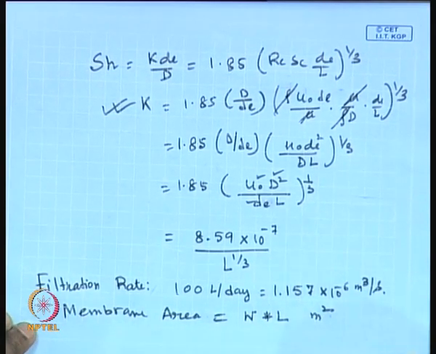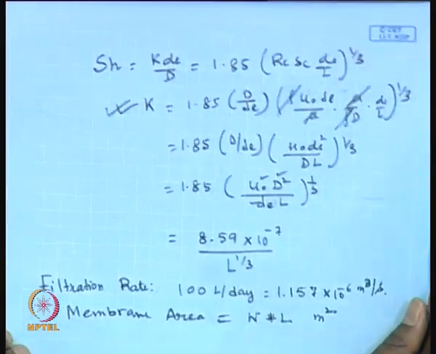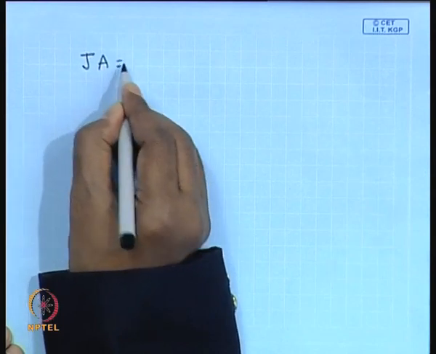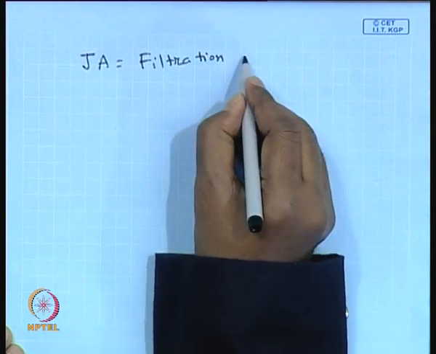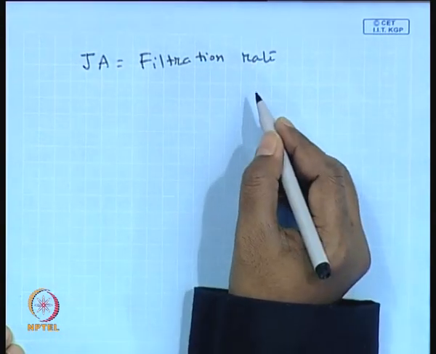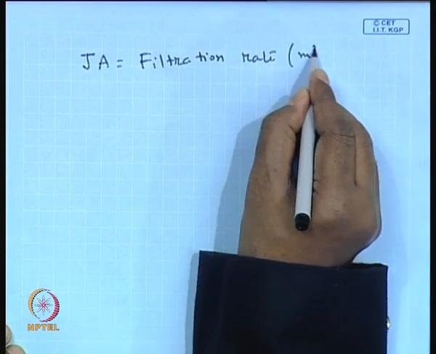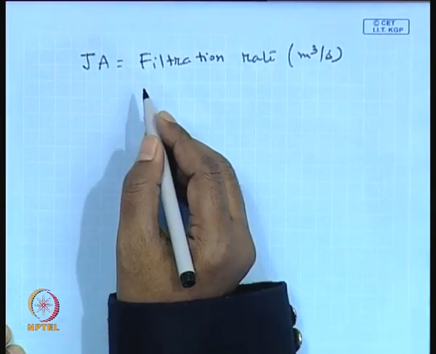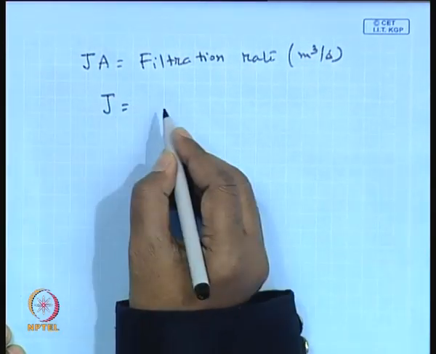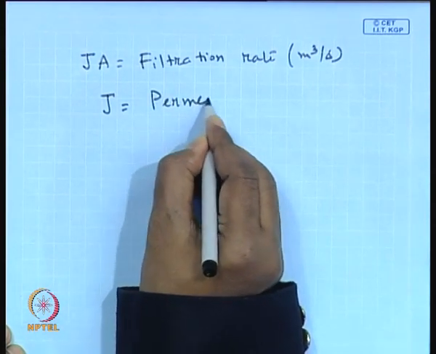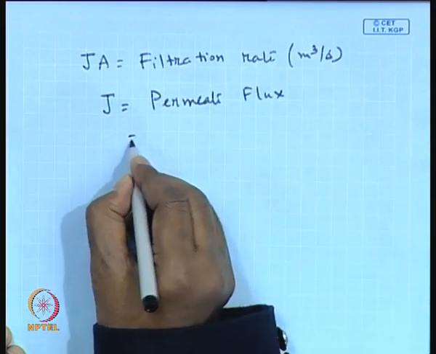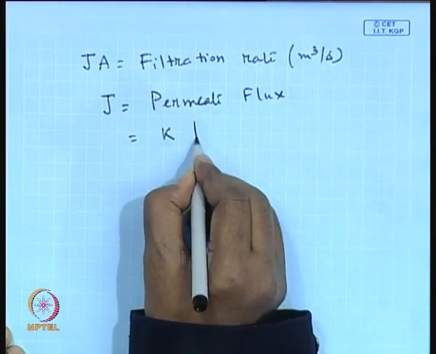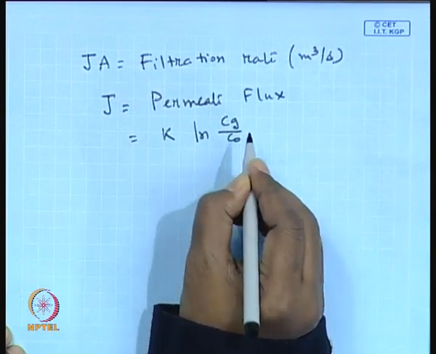Now, J times A will be nothing but the filtration rate, that is in meter cube per second. And what is J? J is the permeate flux. For a gel controlled ultrafiltration system, you know the permeate flux J is equal to K ln Cg by C naught simply.